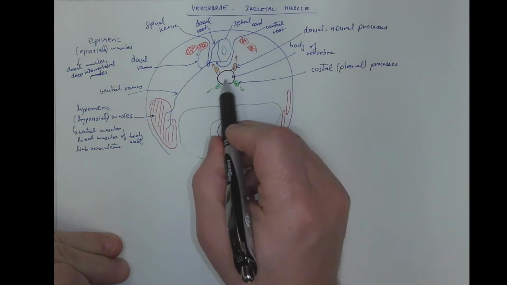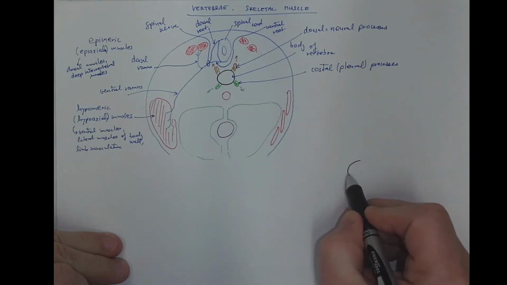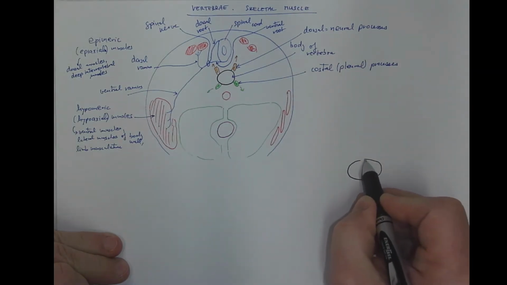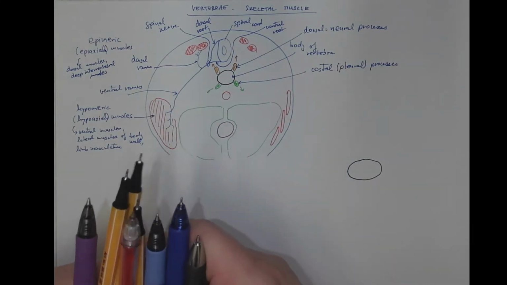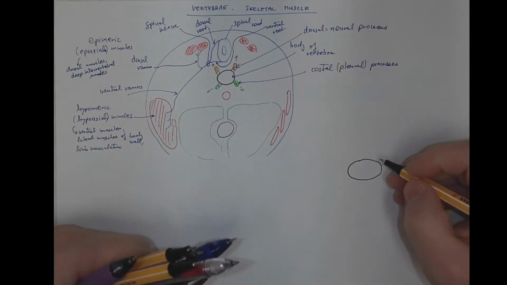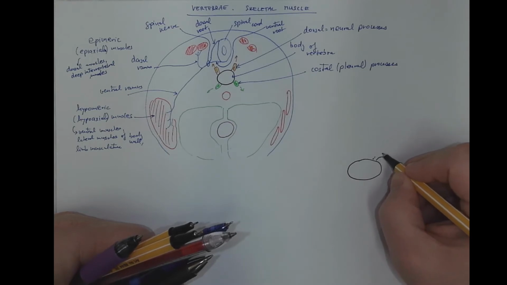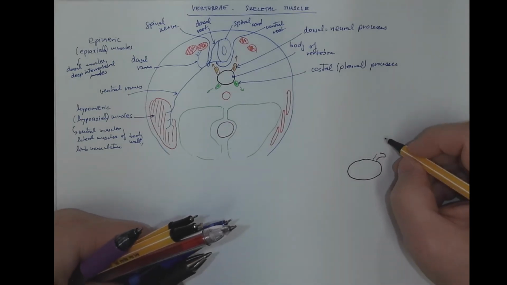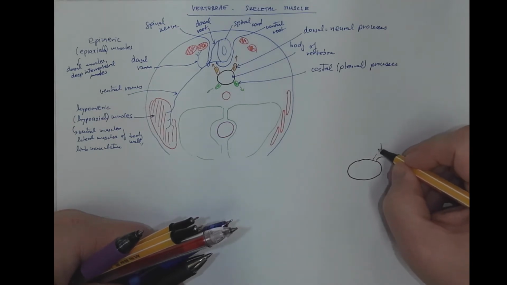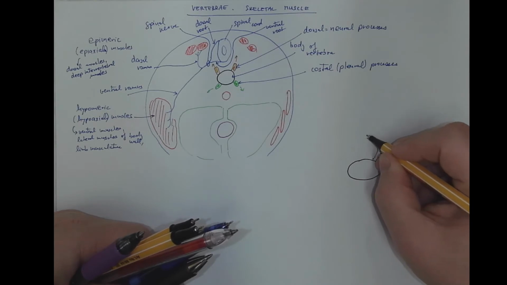Let's explain the growth of the processes on an example of a thoracic vertebra with its body and the dorsal processes. They form the pedicle, the transverse process, and the lamina of the arc.